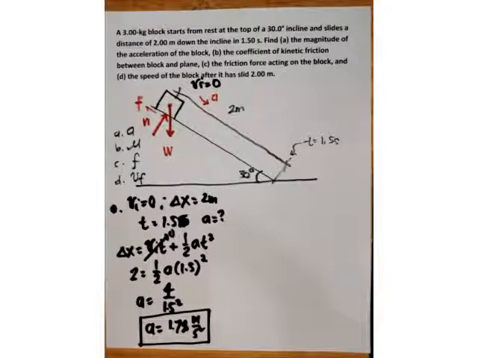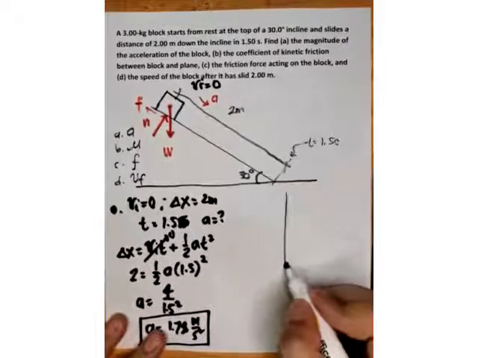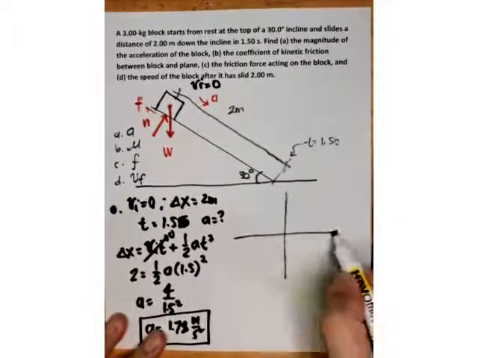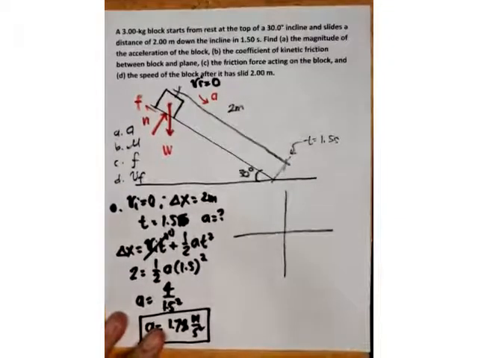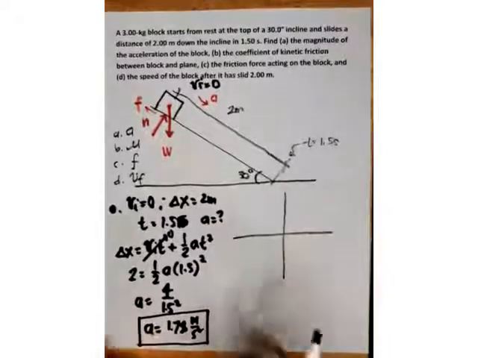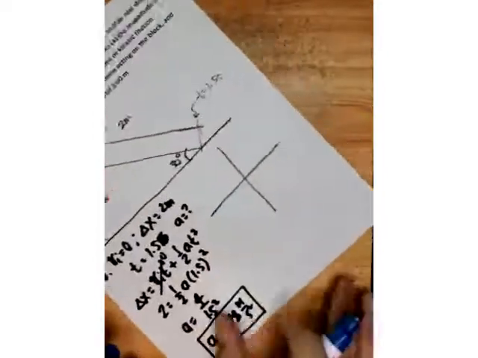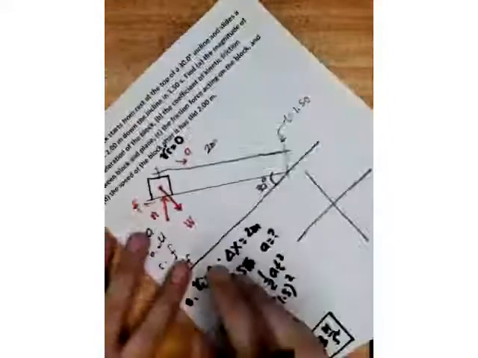Okay, so let's draw the FBD of our figure. Ayan. So, okay class, kung gagawin natin yung FBD nito, mag-rotate tayo ng axis. Since naka-incline siya, that means the axis should be rotated such that the x-axis is parallel to the surface.